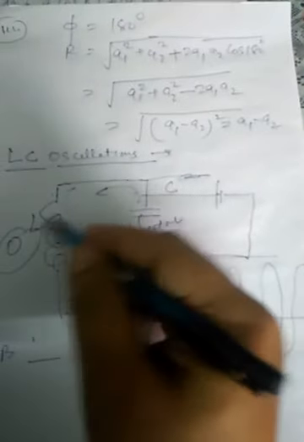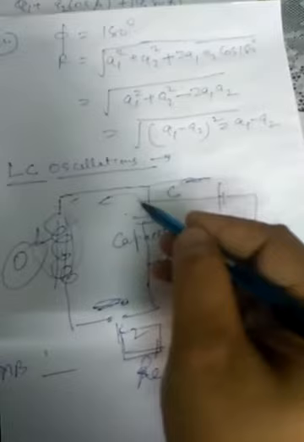Whenever current is flowing, the change of current causes an EMF to be induced, which sets up magnetism inside the inductor. So it gets magnetized slowly; at one stage it is half magnetized and half charge remains, and once the capacitor is fully discharged, the inductor is fully magnetized.